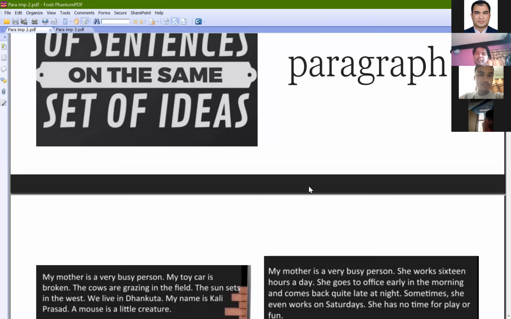The second sentence is linked with the first, the third is also linked with the second, and the fourth one is linked with the third.